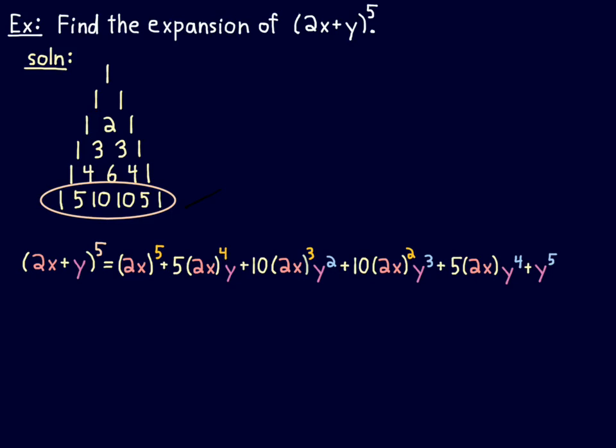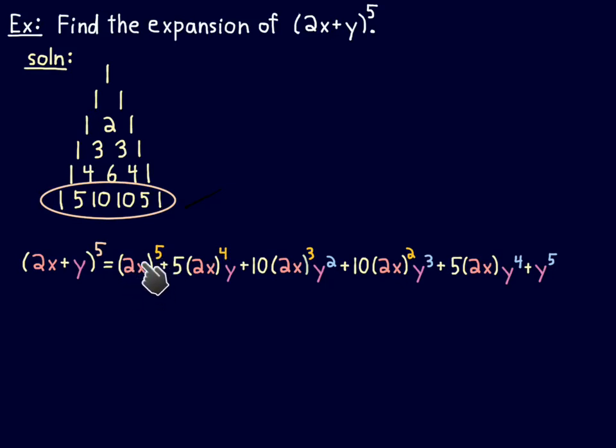Because B is y. Now, if B was like 3y, then I'd have to have (3y) in parentheses to the 5th power. So I'd have to raise 3 to the 5th power as well. I just didn't want to make it that complicated on this one. Now, notice, now you have to multiply these out. Why? Because you've got a 2 to the 5th here. It's 32.